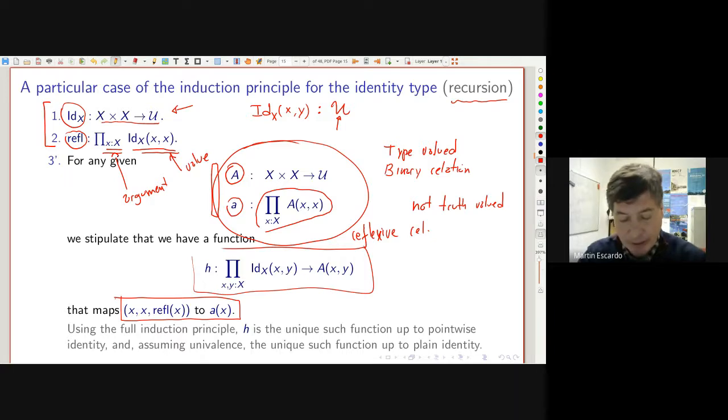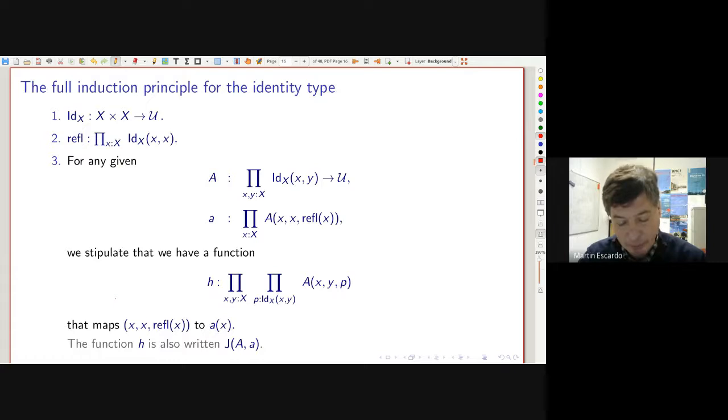So this is the so-called recursion principle. For most applications, the recursion principle is enough. Not for all. We're going to have examples for which it is not enough, and you need something more general, which is the induction principle.